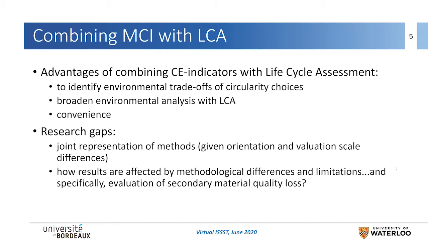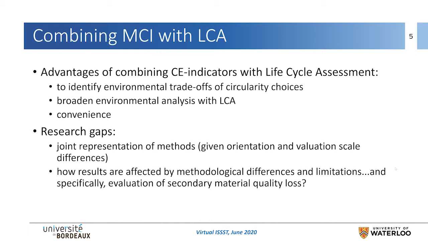In turn, there is also a value to life cycle assessment analysis, because we look at the aspect of resources, and therefore broaden this environmentally oriented assessment more towards a sustainability assessment. And then it's convenient because you can calculate MCI every time you carry out LCA analysis.